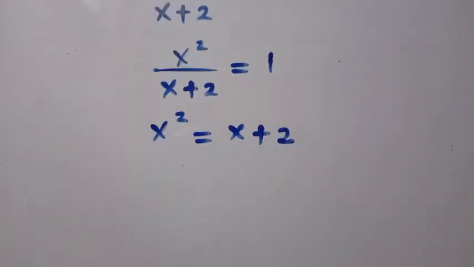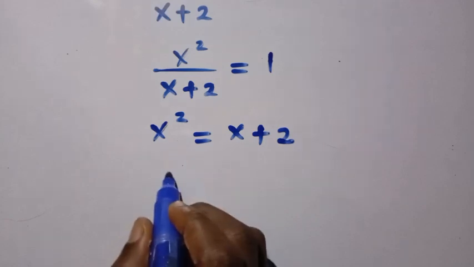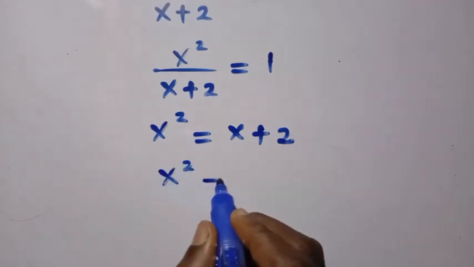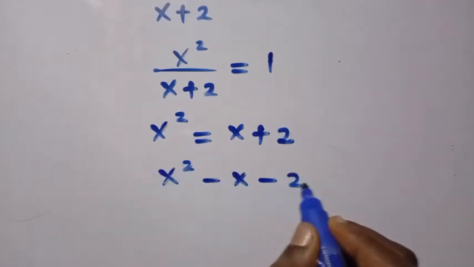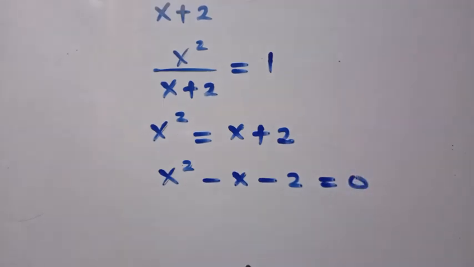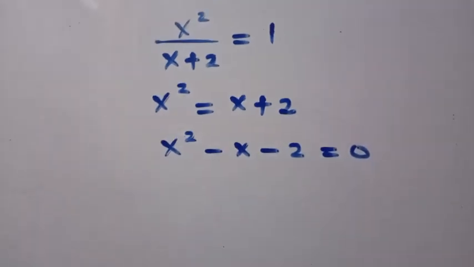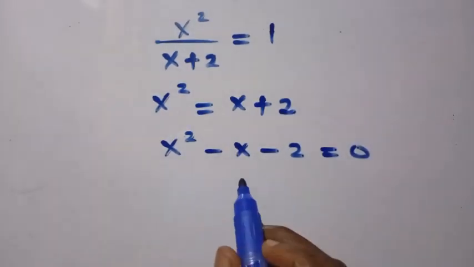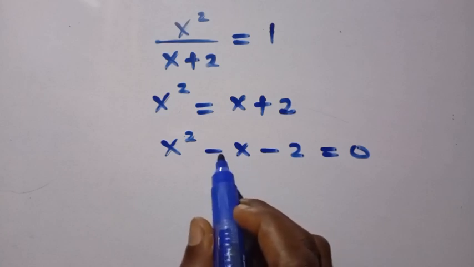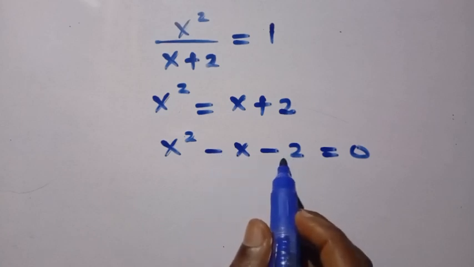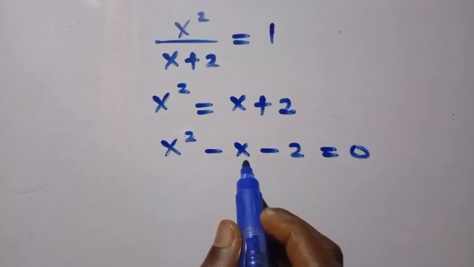Then let's take x plus 2 to this side. We are given x squared minus x minus 2 equals 0.